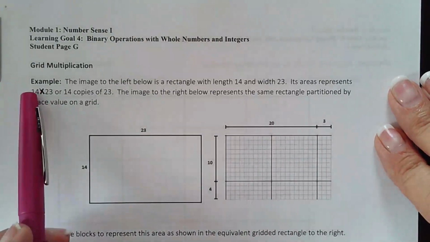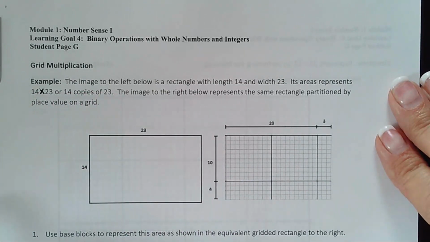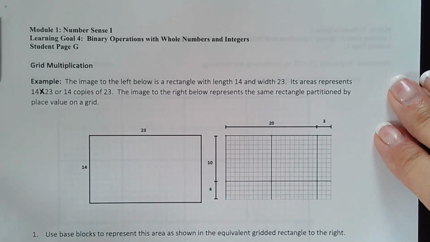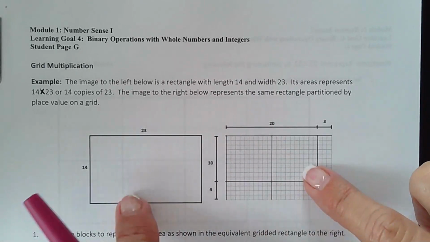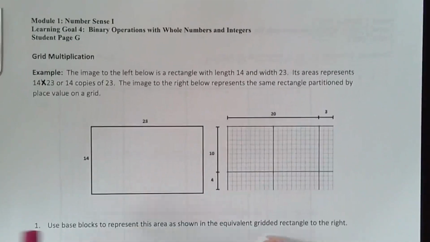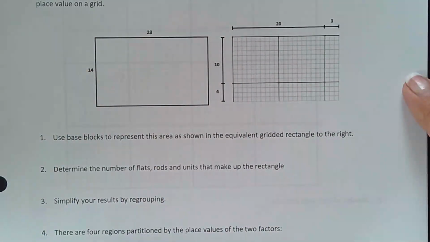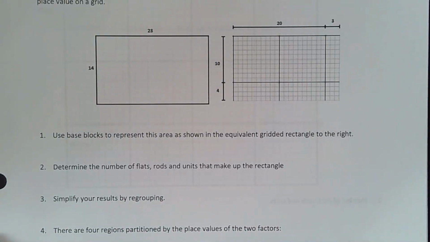Or we could say 14 copies of 23, because we learned that multiplication can be read as copies. And so here it is with the grid, and we can use blocks to represent the area. So rather than do 23 times 14, there's other ways to find the area too.